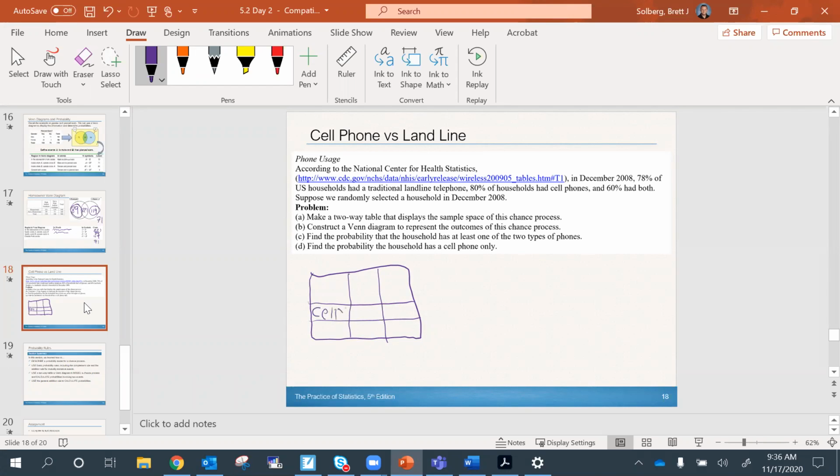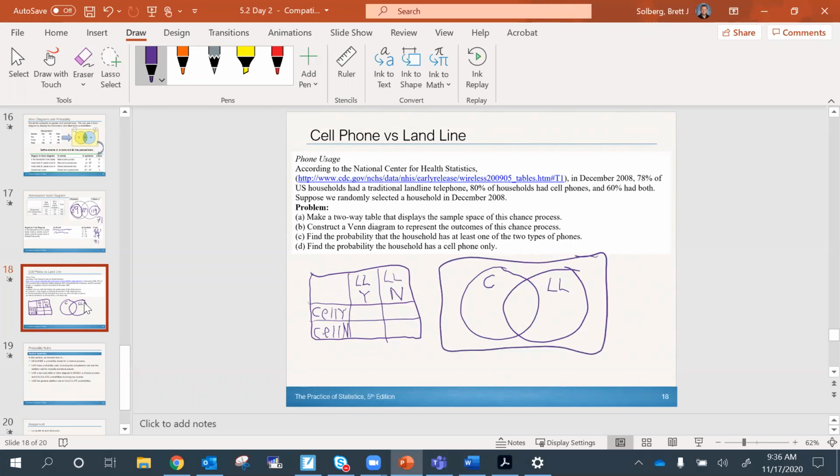I'm going to do a Y for yes, cell and N for no. And then I'm just going to put LL for landline yes, landline no. Then you're going to do a Venn diagram, and this is going to be cell phone, landline. I want you guys to fill those in with the appropriate numbers. I'm going to give you 2 Jeopardies, so go ahead and start filling those out, and then I'm going to call on someone after 2 Jeopardies.